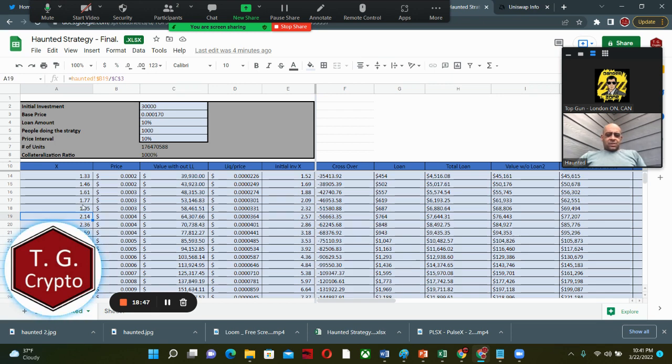A 2x? Oh, no, it was just shy of a 2x. So the 195x. And we get over to total loan value. Your $3,000 or your $30,000 asset still has increased in size, but you only have total loans of $6,000 per person. Added value at a 2x.